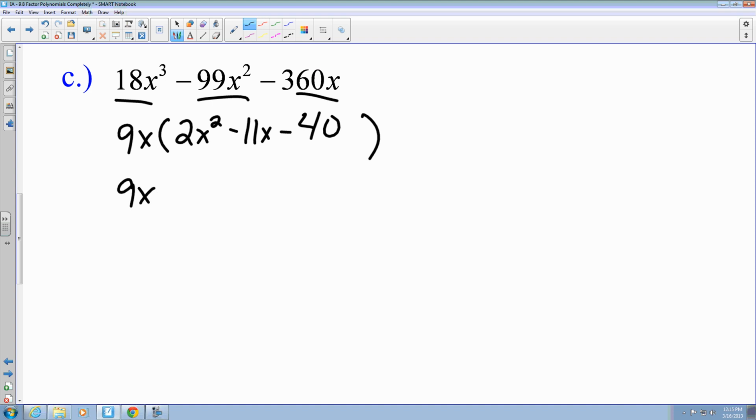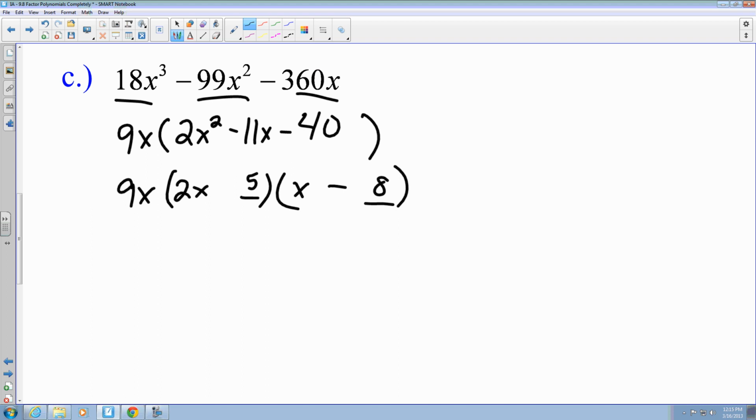So I'm going to go 9x here, parentheses, parentheses. I know that this is going to be a 2x. I know this is going to be a 2x. And I'm looking for values here and here where their products are going to give me 40. And so if I put 5 here and 8 here, 1 times 5 is 5. 2 times 8 is 16. 16 minus 5 will give me 11.